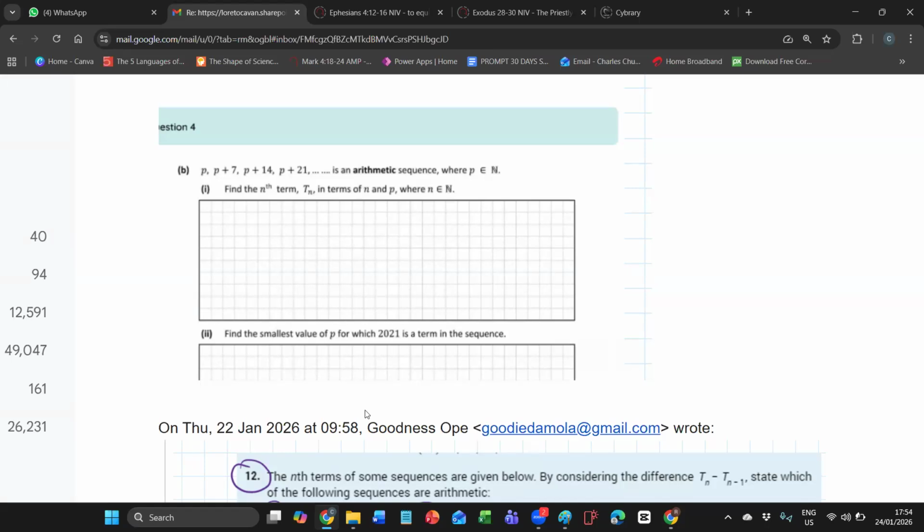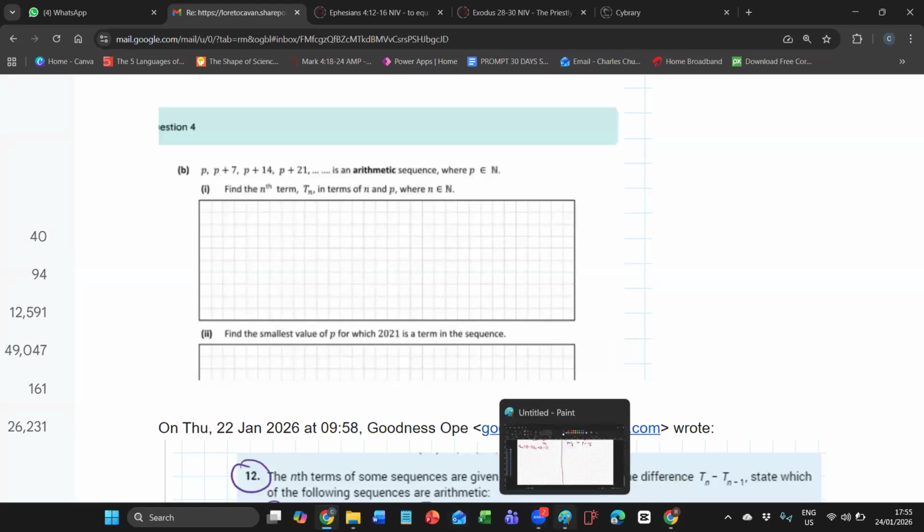Just looking at question 4b, what can you say about the common difference? The first term is p, the second term is p plus 7. So what can you conclude about the common difference? So I was thinking p.